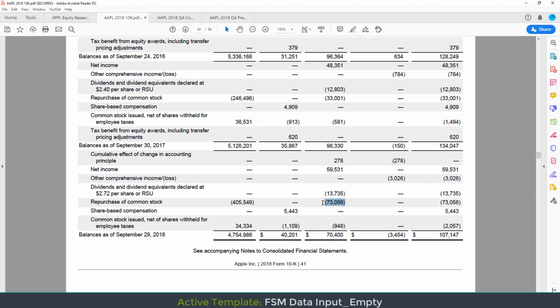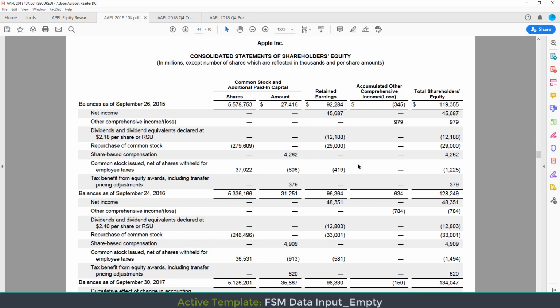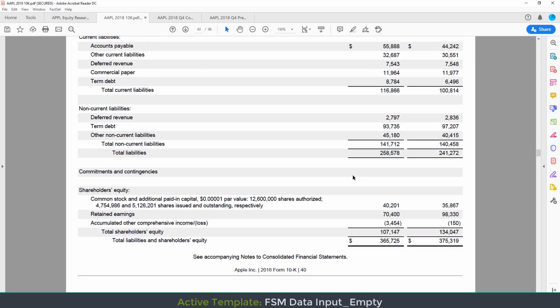But then it also goes down by the biggest thing, repurchases of common stock. So Apple is unusual in that rather than creating a separate line for treasury stock, as you would learn in first semester accounting, they actually bake it in within retained earnings. So that's fine. We just need to know that. We need to understand that, and that's okay.